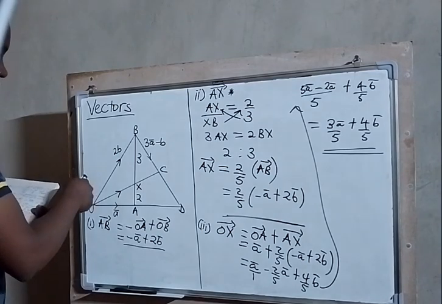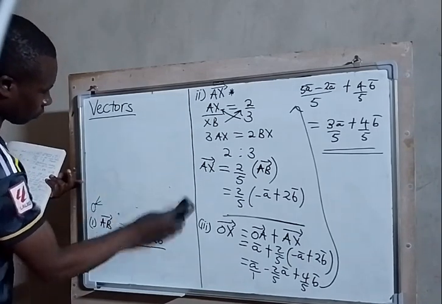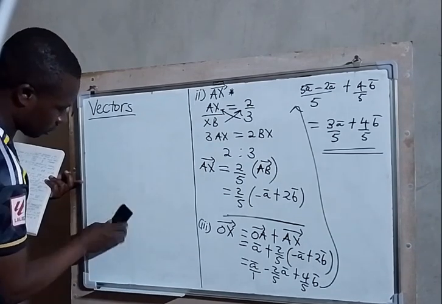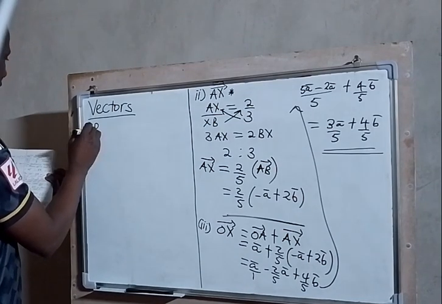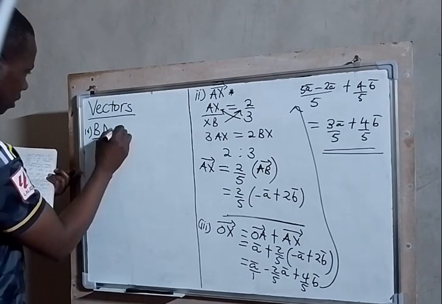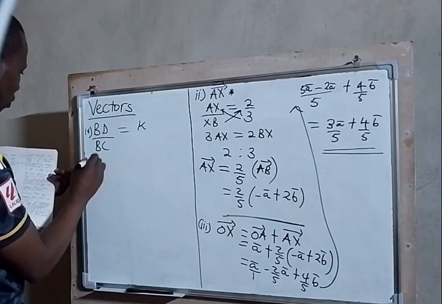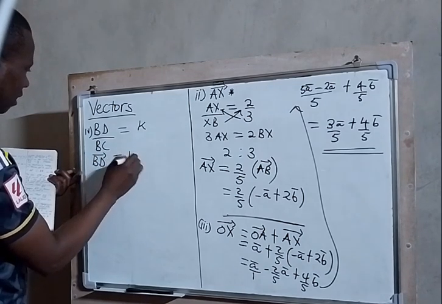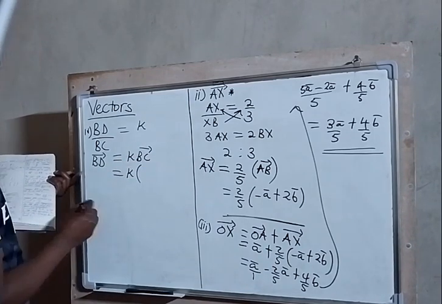Now, I'm going to erase this diagram. So that we are saying BD, as item 4, over BC is equal to K. And what it means, we want to find vector BD. So our vector BD is equal to K vector BC.